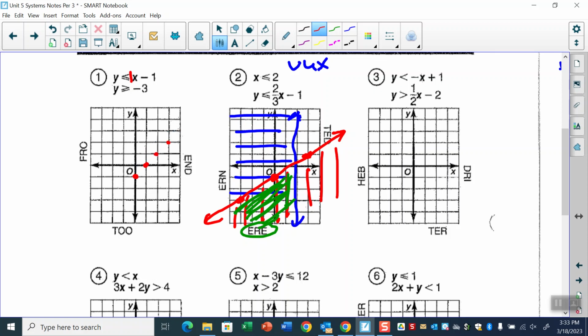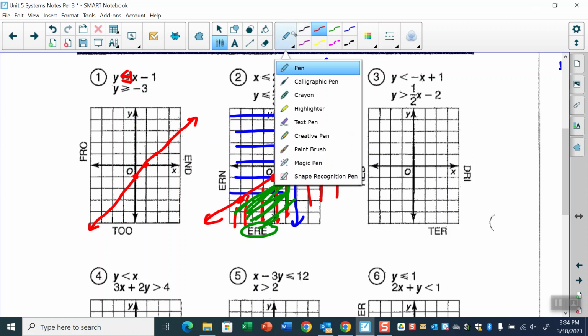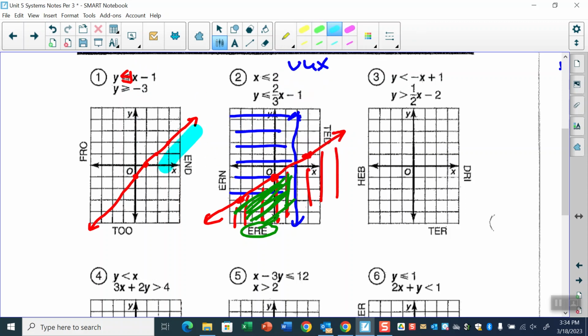Up 1 over 1. Now there is this equal sign, so I know it's going to be solid. And it's a less than, it kind of looks like that L, so I'm going to shade below the line.